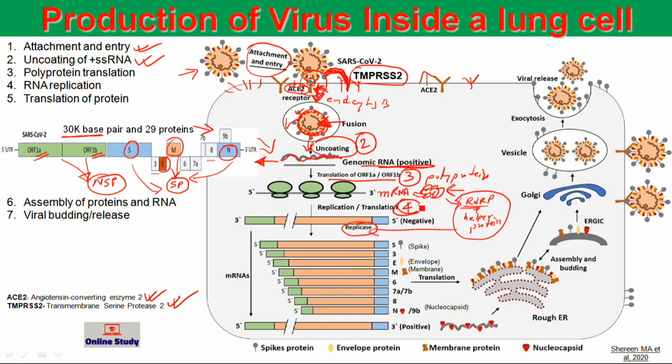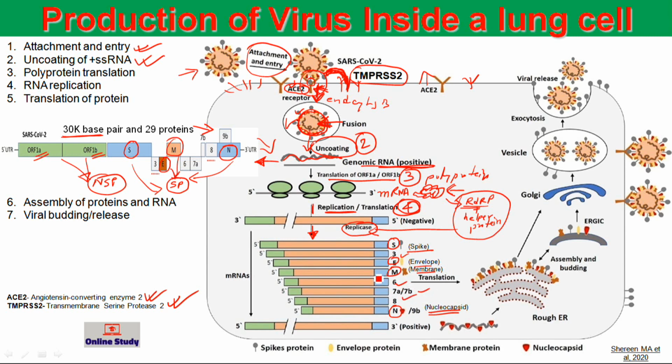So this RNA-dependent RNA polymerase and the helping proteins help to synthesize multiple new RNAs. For example, the RNA for spike protein, envelope protein, membrane protein, and nucleocapsid protein, and other non-structural proteins.